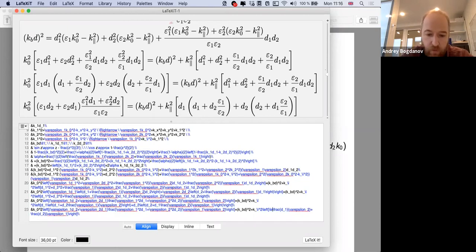And this is left, right, and the fraction the same as in the left part. Epsilon 1 d2, epsilon 2 d1.